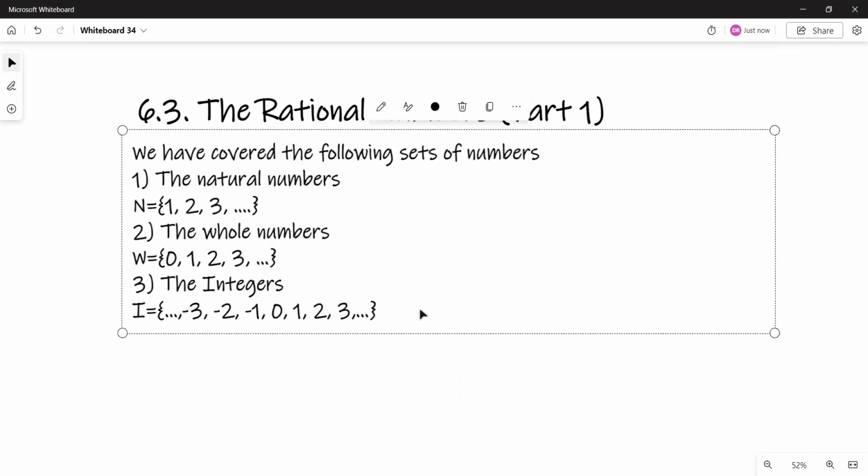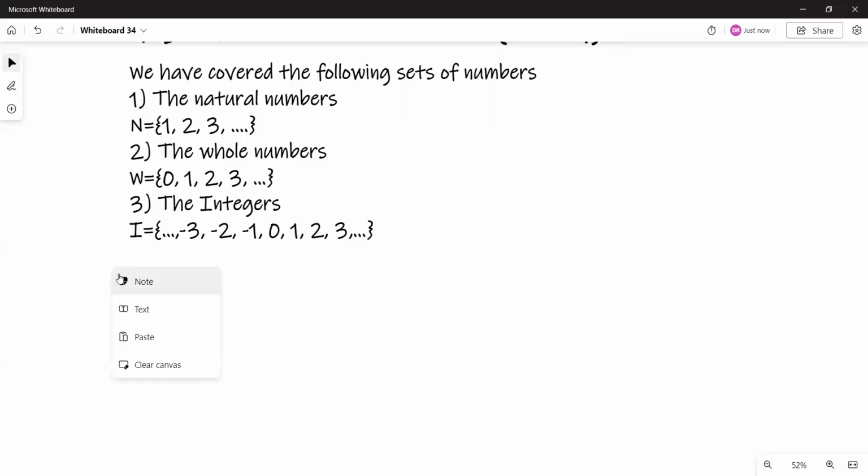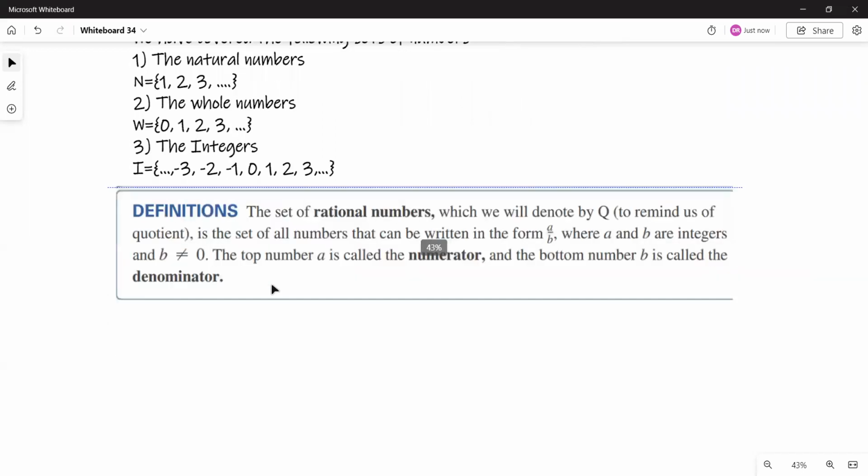Okay, so in this section, we cover the rational numbers. The word rational comes from ratio, and those are numbers that can be written as the ratio of two integers, or simply the fractions. So this is on page 258.